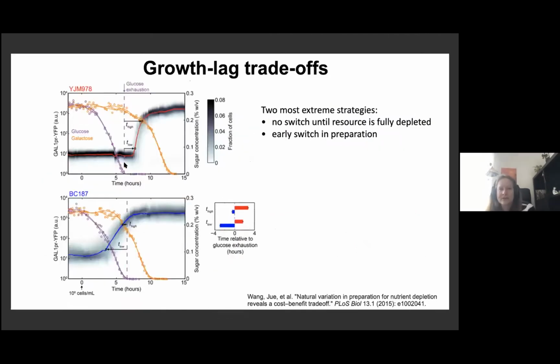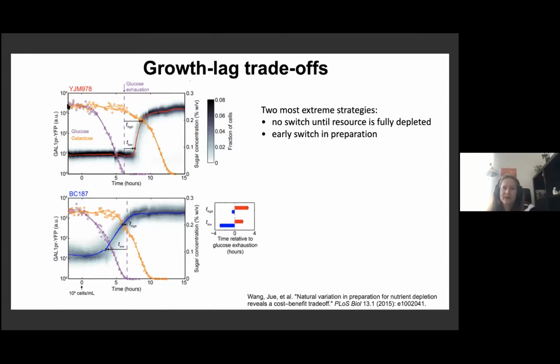And it turns out that if you look at the protein that is involved in the galactose utilization, you will see the difference between those two behaviors. And here they show the two most extreme cases.